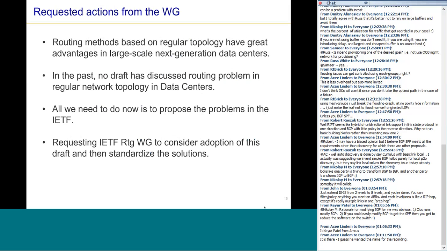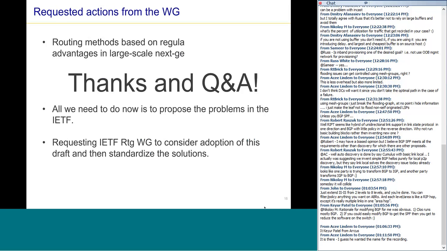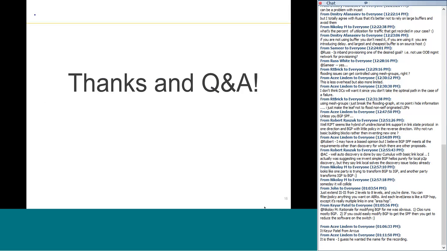We look forward to comments and suggestions and for adoption by this working group. Thank you. If you have any questions, the address is here, or I know we are running out of time, so I request everyone to send the questions and comments to the distribution list so we can address them and improve this draft. Thank you very much.